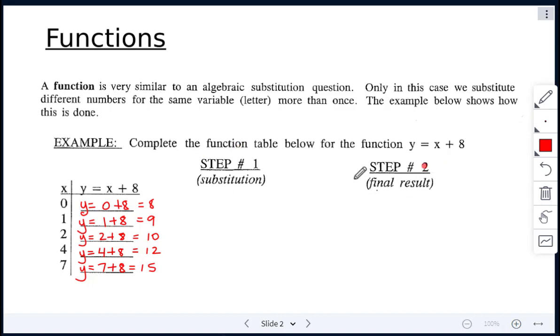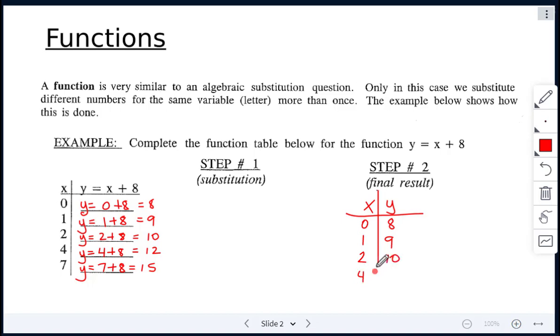So our final result then, you could just draw another table here showing what x is and what y is. So when x was 0, our value for y was 8. When x was 1, our value for y was 9. At 2, the value for y was 10.